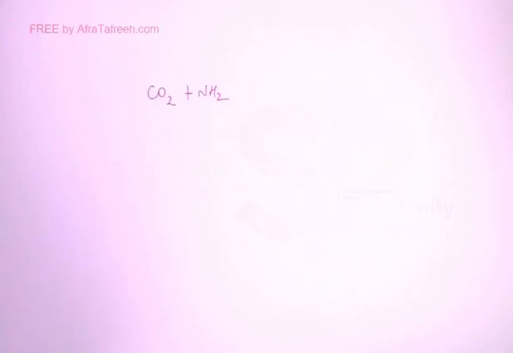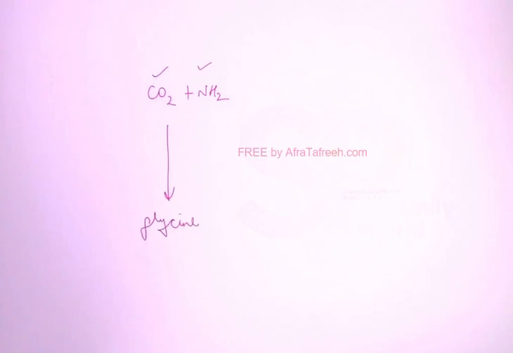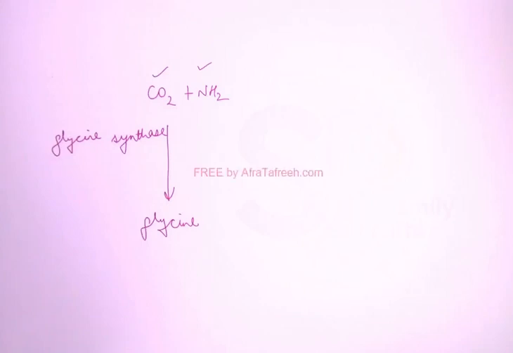Now, glycine is synthesized from carbon dioxide and amino group. They join to form glycine, and the enzyme involved here is glycine synthase. Glycine synthase enzyme is a multi-enzyme complex which requires vitamin B6, vitamin B9, that is tetrahydrofolate, and it also requires lipoic acid and NAD, right?